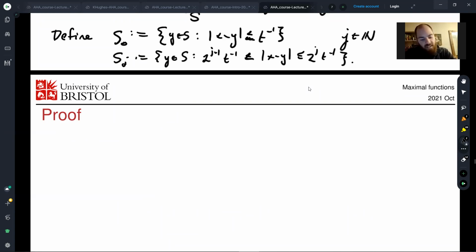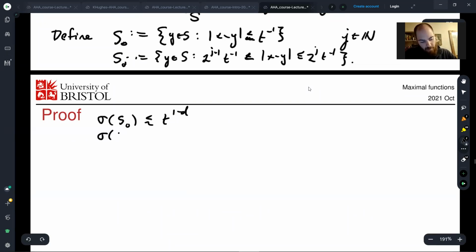That's actually an annulus there, but we'll be able to cover these by the whole ball instead, and that doesn't lose too much for us. So let's write that out. Sigma of S naught is then at most t to the 1 minus d, and sigma of S j is at most 2 to the j over t to the d minus 1.